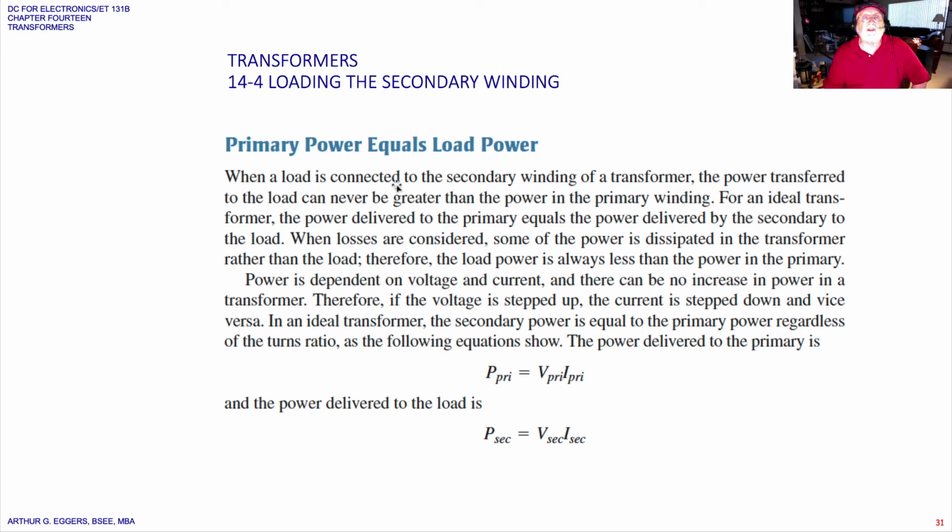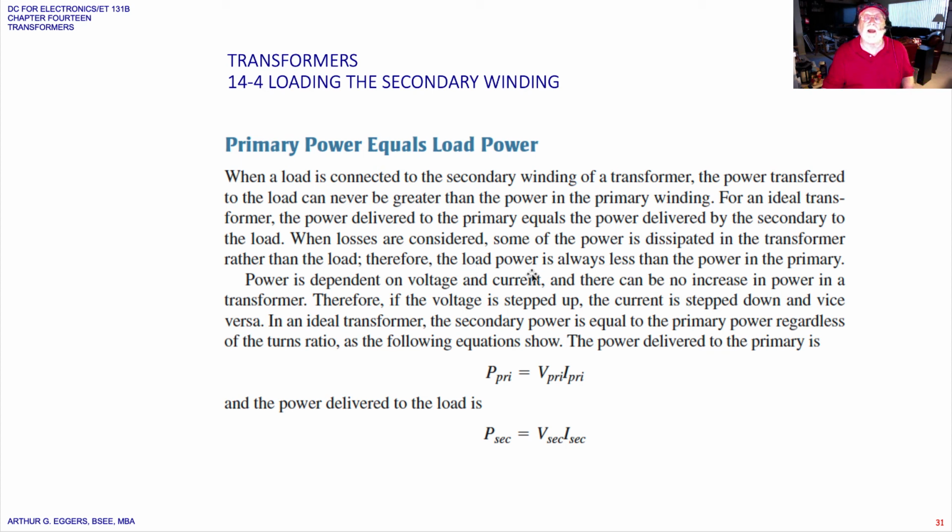So when a load is connected to the secondary winding of a transformer, the power transferred to the load can never be greater than the power in the primary winding. For an ideal transformer, the power delivered to the primary equals the power delivered by the secondary to the load. So when losses are considered, some of the power is dissipated in the transformer rather than the load.